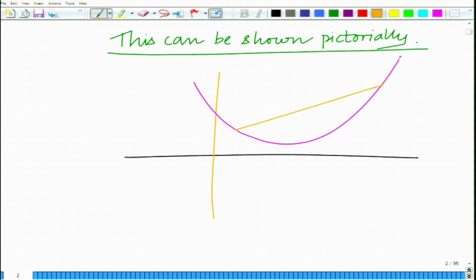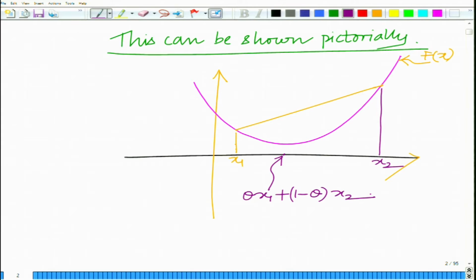Now, this is your f of x. Let's consider a simple one dimensional x. Let this be your point x1 and this be your point x2, and let us take a convex combination of x1 and x2 that lies along the line. So, this is your theta times x1 plus 1 minus theta times x2.